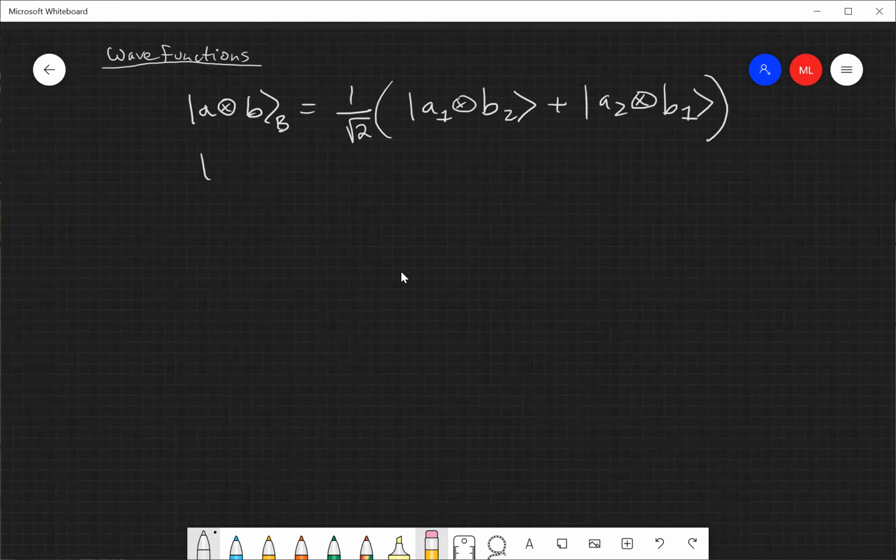You can, of course, do the same thing and construct an antisymmetric state, which would be a fermionic state. That's the same thing, it's just you now add a minus sign.